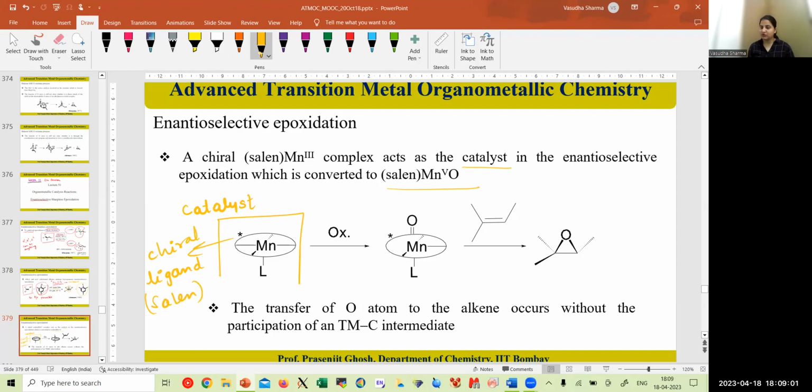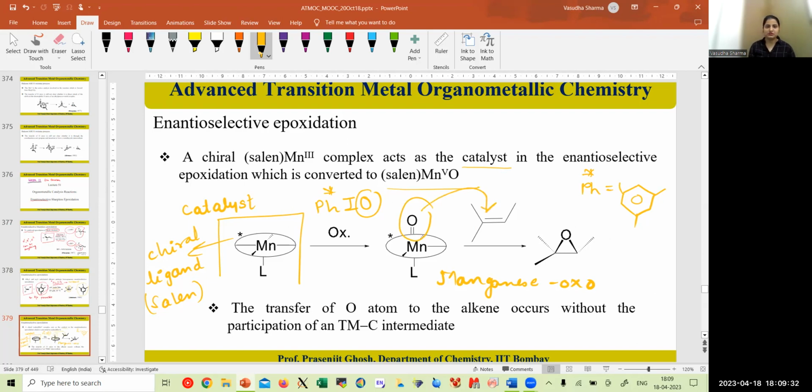When we use an oxidant, what we have chosen over here, I am putting a star mark, is the 2,4,6-trimethyl benzene PhIO. Because of this oxygen, the manganese becomes manganese oxo. And ultimately, this oxygen is transferred to this alkene bond.